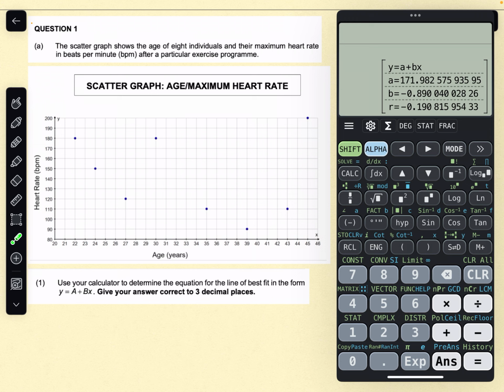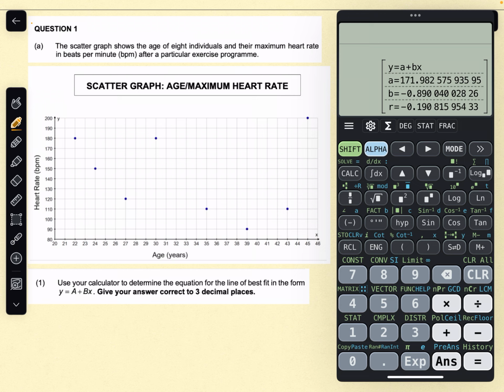My B is negative 0.890, and the correlation is negative 0.19, about negative 0.2. So very close to 0, which is as we suspected. There's almost no correlation between these two variables.